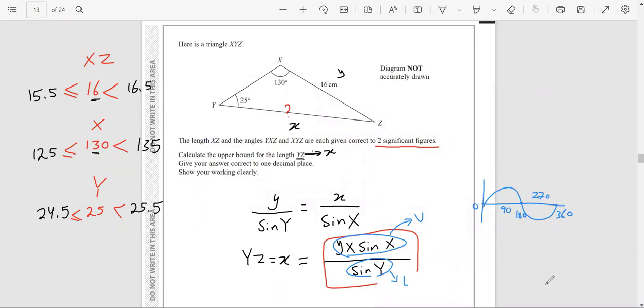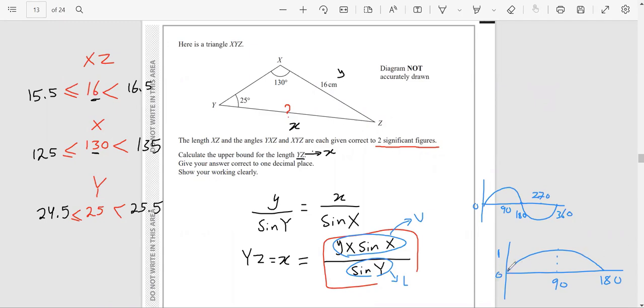Let's now work on the first half of the graph. Say this is 0, this is 180, and then we have 90 and 1. Why am I working with only the first half of the graph? Because I'm working with acute and obtuse angles here, 25 and 130, so they do not exceed 180 degrees.